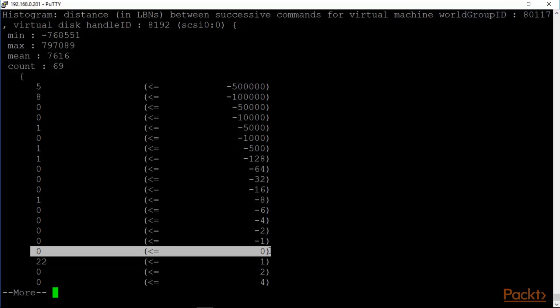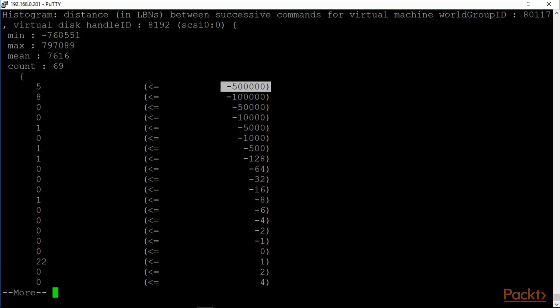Okay, so most of them were very far away. 22, it had to move less than 1, but it looks like after the initial startup, most of the distance between successive commands was extremely small. So I think if we gather information for a larger amount of time, this number will become high, and the anomaly of this extremely large LBNs would be eliminated.